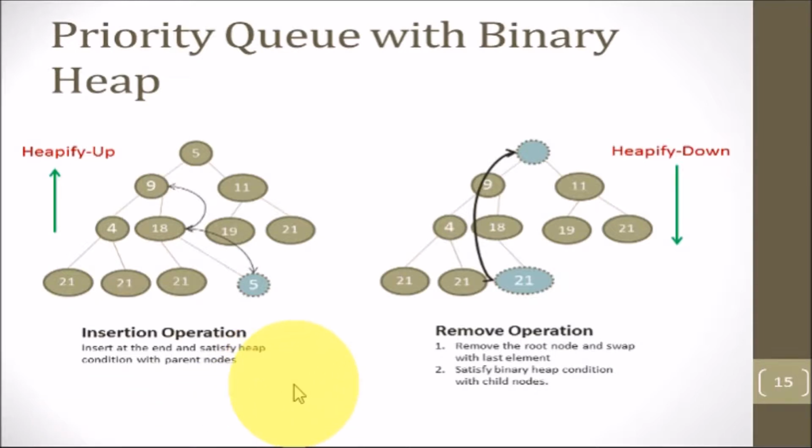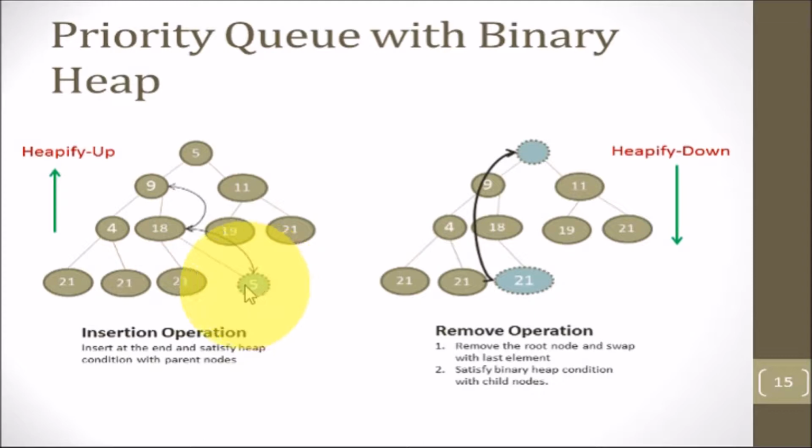Whenever we insert a particular element into the priority queue, it gets added to the end of the binary heap tree. Let's say we insert 5 here, then from there it will try to satisfy the heap condition with the parent nodes. The heap condition is that each parent has children which are higher than the parent value.